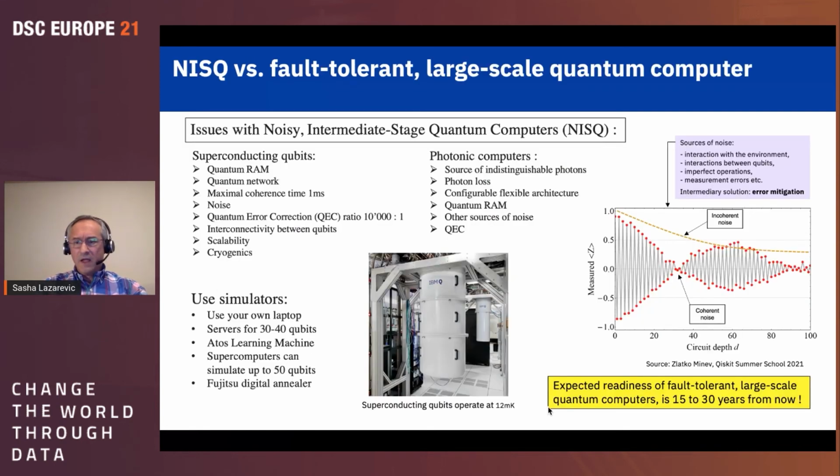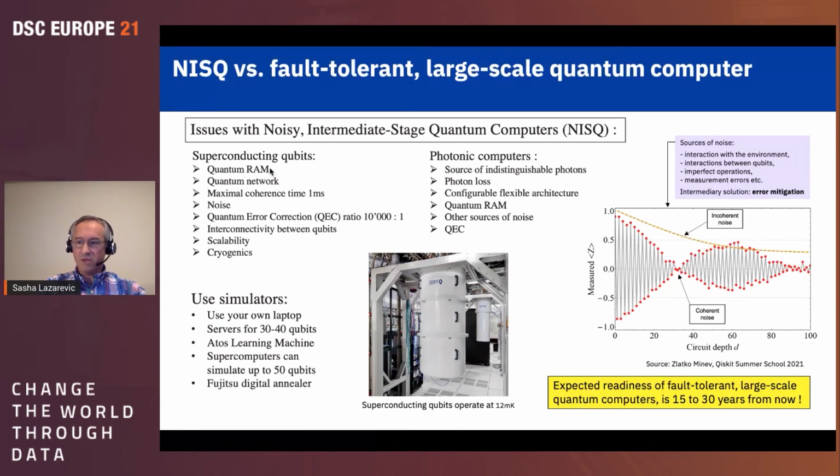So I mentioned noise. I mentioned that this is really far away from being fault tolerant. What does it mean? All these computers nowadays, we are just calling them noisy intermediate-scale quantum computers, and they have different issues. For example, quantum memory. We can't keep these states somewhere.